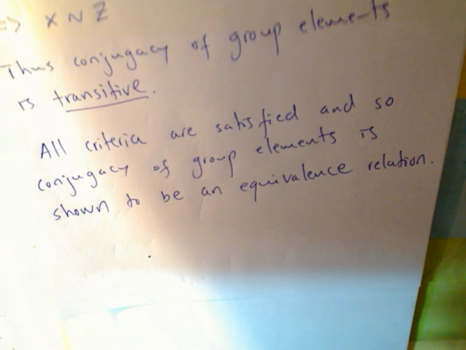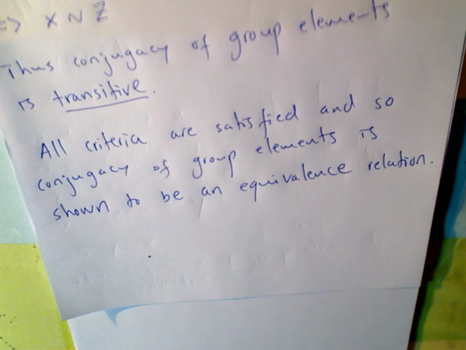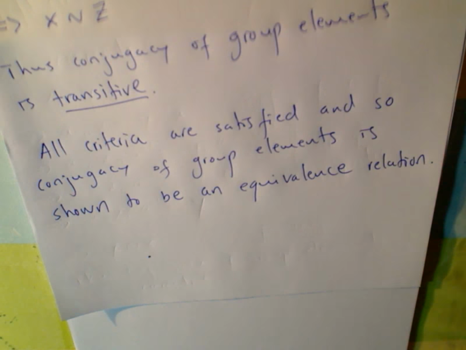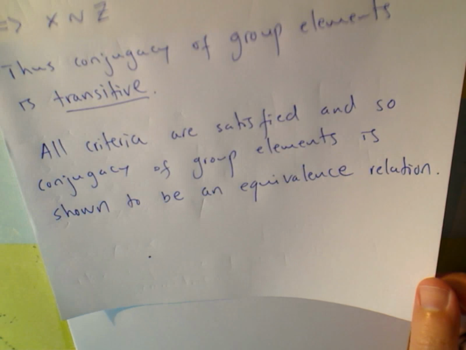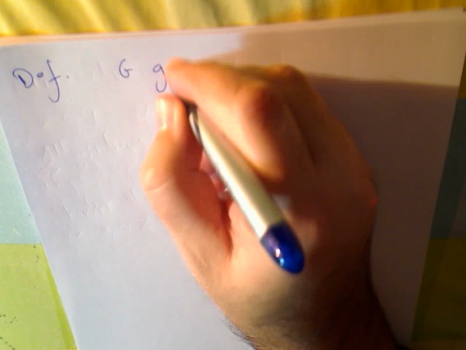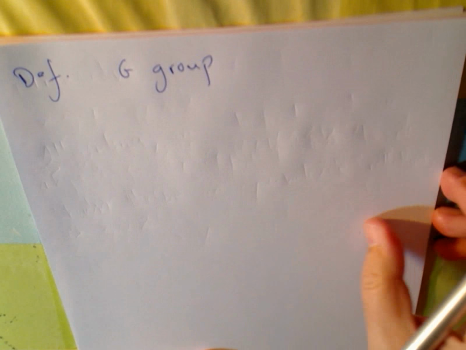Okay, so we are going to check now that conjugacy, being an equivalence relation, is going to partition the group G into equivalence classes. Okay, I'm going to pick again the definition. So G is a group.